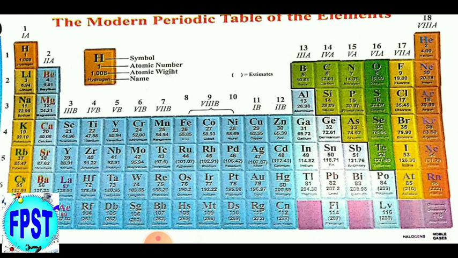For example, in hydrogen there will be only one shell, so its principal quantum number is 1. For lithium, 1 and 2, the second shell also is there. For sodium, the first shell, second shell, and third shell are there.